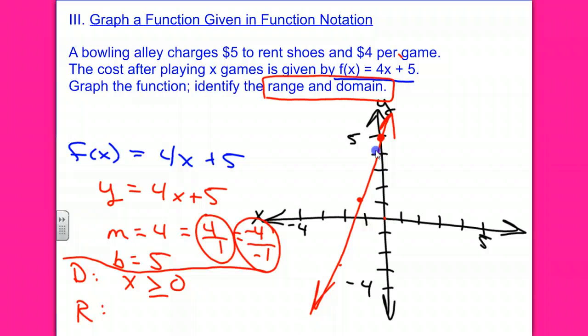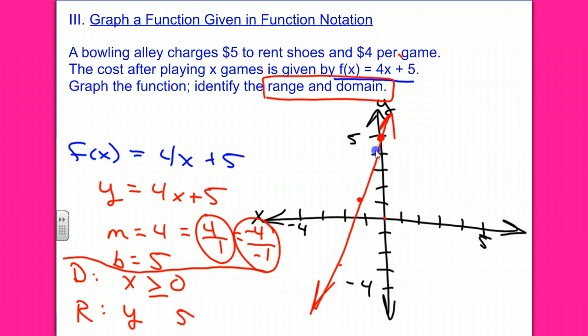Okay, so if the smallest x value is 0, and we plug 0 in here, what is the smallest y value? What's the smallest y value? 5. So, could the y's be greater than 5?